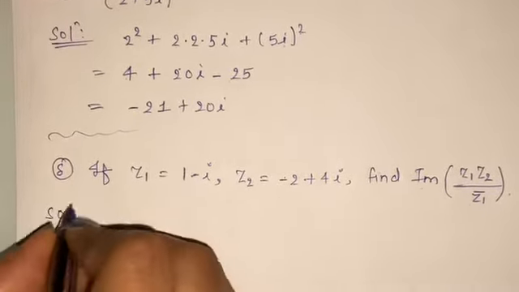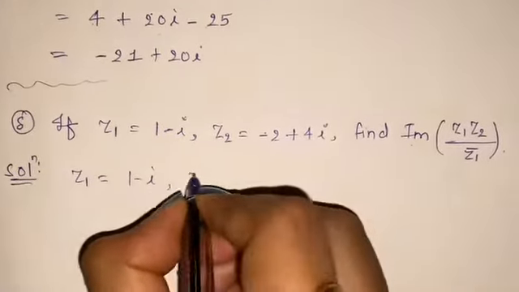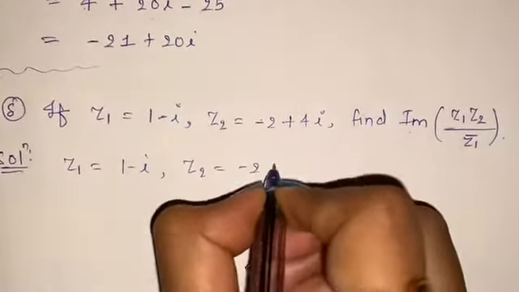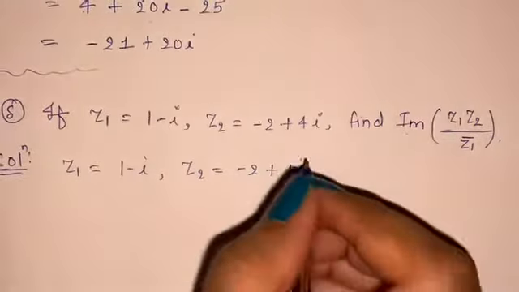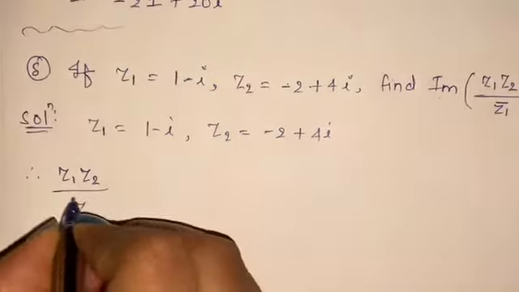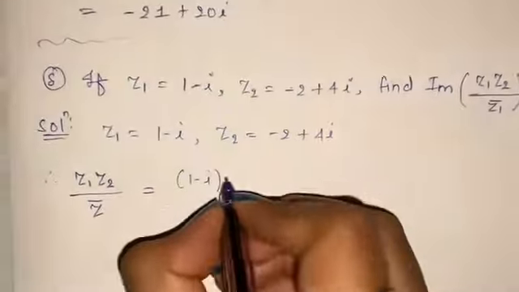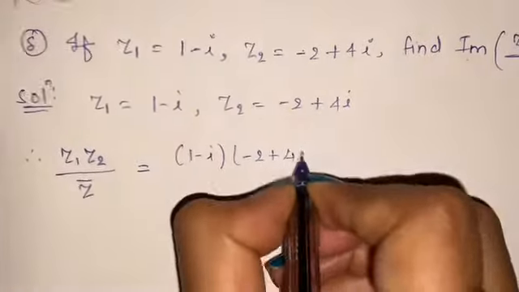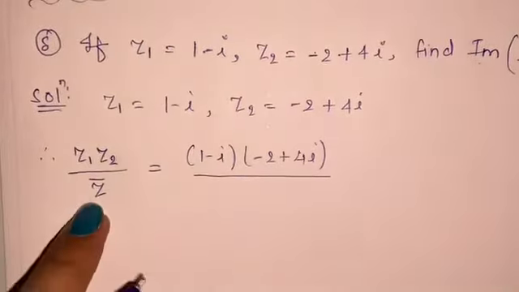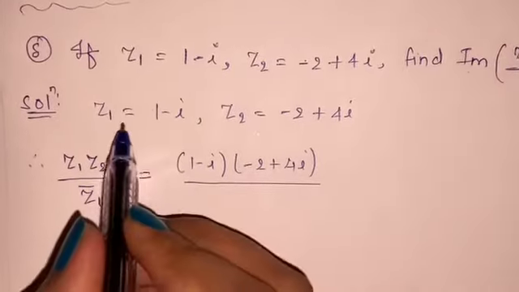Okay, so the solution is, here z1 is equal to 1 minus i, z2 is equal to minus 2 plus 4i. Therefore z1 z2 by conjugate of z1 is equal to, z1 is 1 minus i, z2 is minus 2 plus 4i, upon conjugate of z1. Conjugate of z1, 1 minus i.